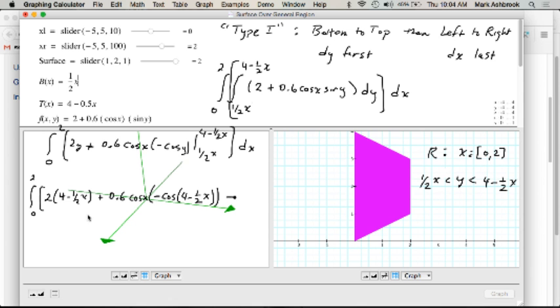That's the first part. Minus 2 times 1 half x plus 0.6 cosine x negative cosine of 1 half x, dx.